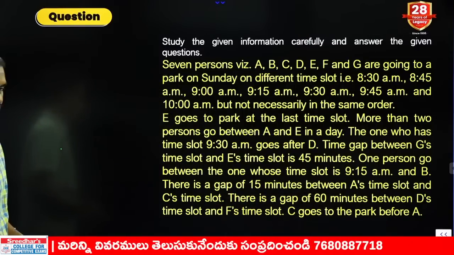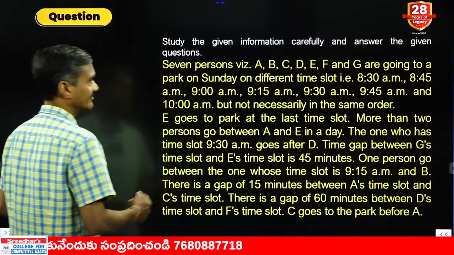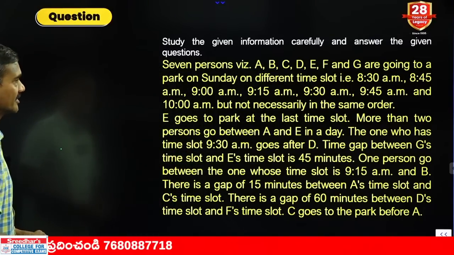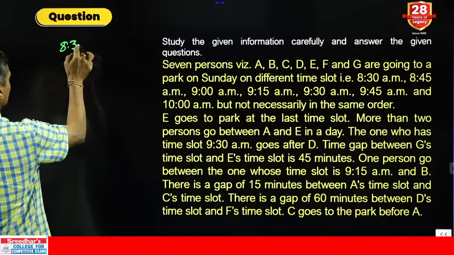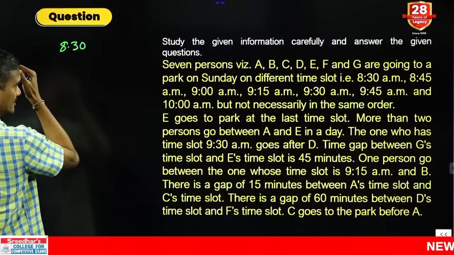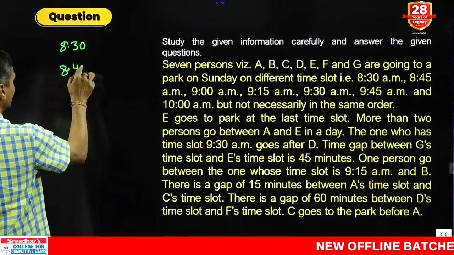Then coming back to this one. Now see here. The time slots were clearly given. The time slots are from 8:30 onwards. 8:30 and next to 8:30, 8:45, that is a 15 minutes time difference between these two.